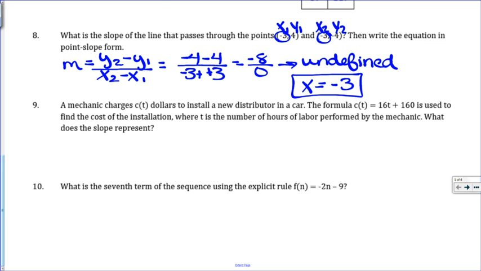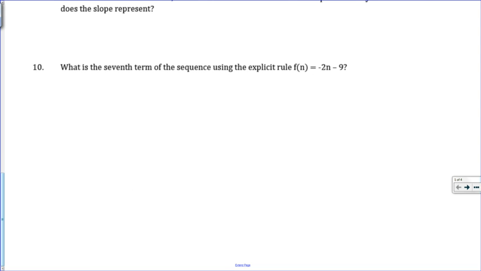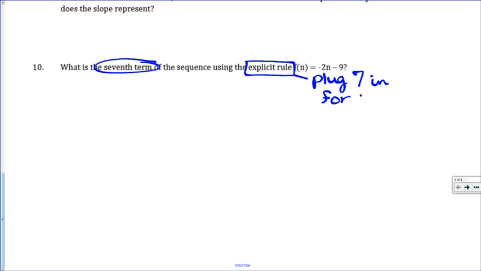Next, we have number 10. What is the 7th term of the sequence using the explicit rule? F of n equals negative 2n minus 9. Because we know it's an explicit rule, that means I can plug in whatever term I'm looking for for n. In this case, I'm looking for the 7th term, so I'm going to plug 7 in for n.